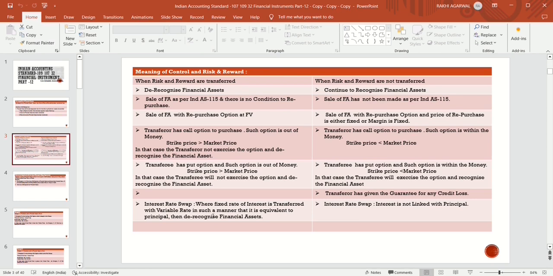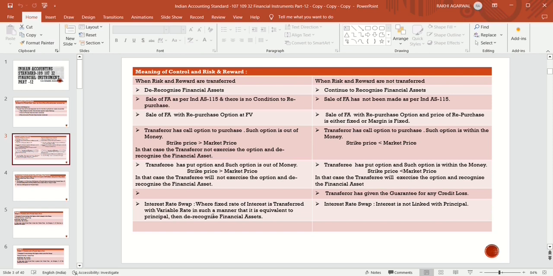Now we will discuss when risk and rewards are not transferred. These are the conditions where risk and reward are transferred, then the asset is derecognized. In case risk and rewards are not transferred, continue to recognize the financial asset, no need to derecognize. When the sale of the financial asset has not been made, meaning the sale does not take place as per Ind AS 115, no need to derecognize, continue to recognize it as a financial asset.